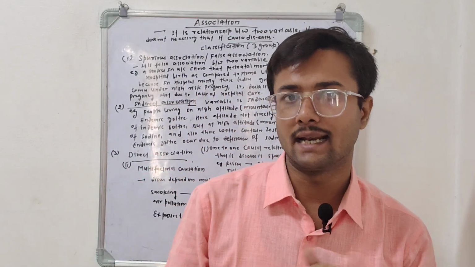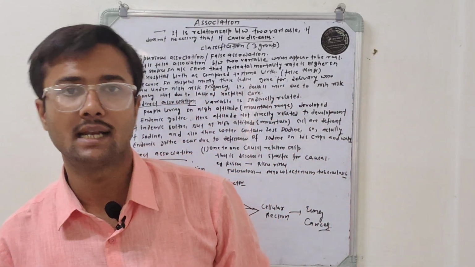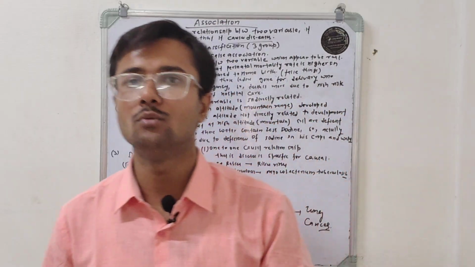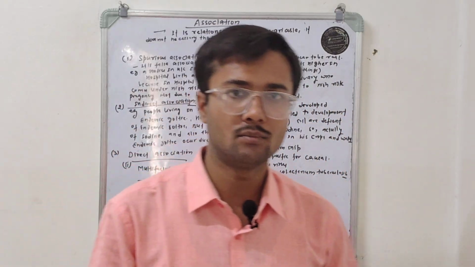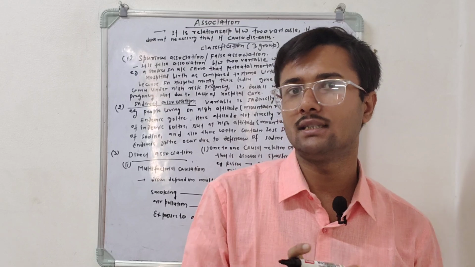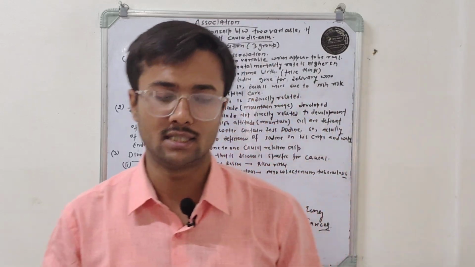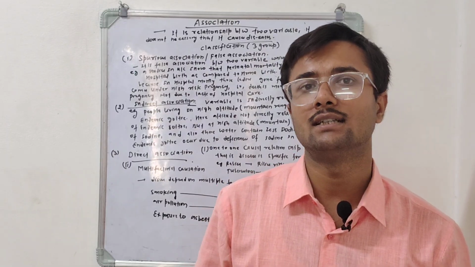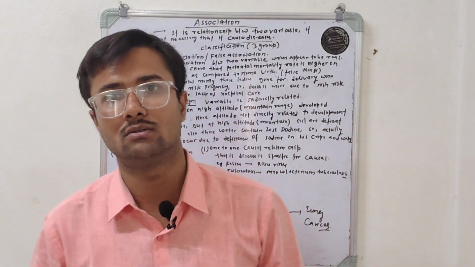For example, rabies is only due to the rabies virus. Measles is only due to the measles virus. Tuberculosis is due to Mycobacterium tuberculosis. Here the disease is specific to a causative agent. Whenever the disease is specific to its cause, we call it a one-to-one association.